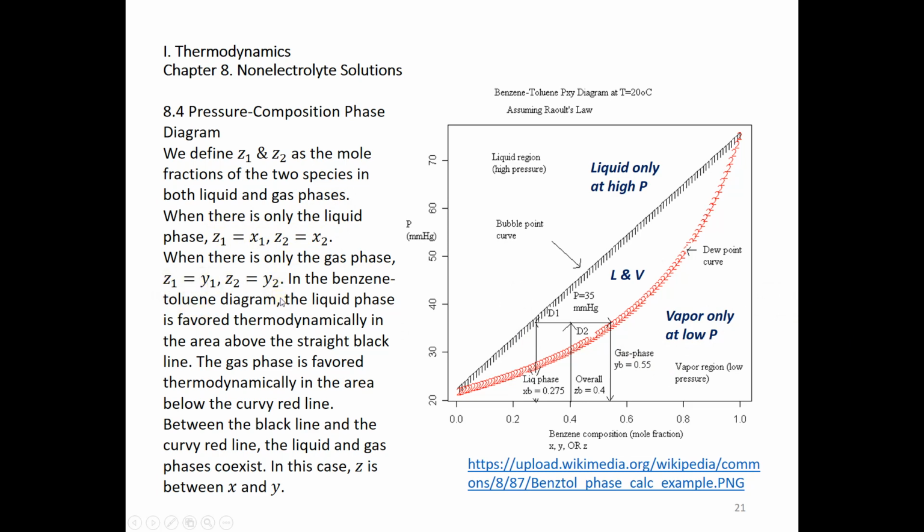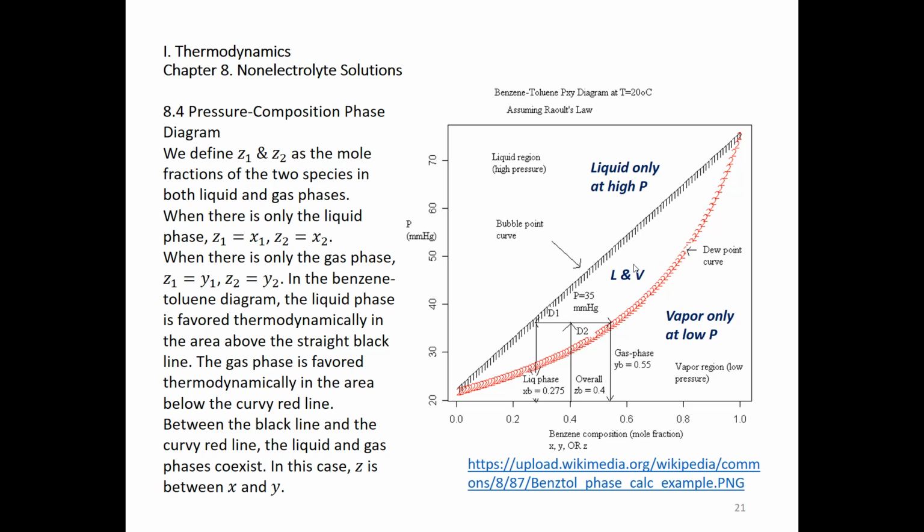Alright? But what if you have both the liquid phase and gas phase? Well, it's simple. You can look at the total number of moles of these two components in both the liquid and gas phases, and then sum it up. You get a total number of moles, N. Then you have the total number of moles of benzene in the gas phase and in the liquid phase.